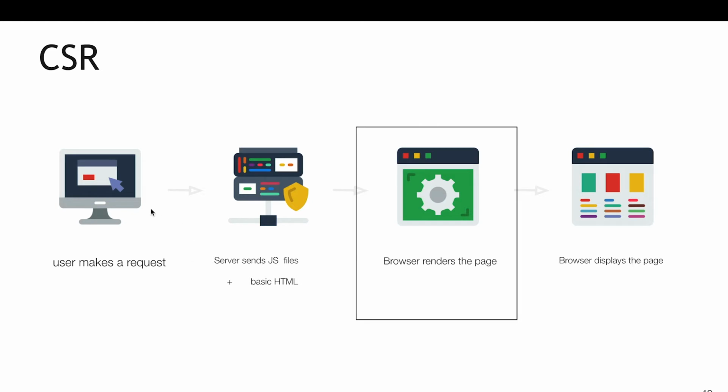The user still makes a request and tries to open a website. The request is sent to the server, and the server, instead of rendered HTML, sends JavaScript containers plus some very basic HTML. In this case, the browser, either Chrome, Safari, or Microsoft Edge, is the one which renders the page. And then it's displayed.